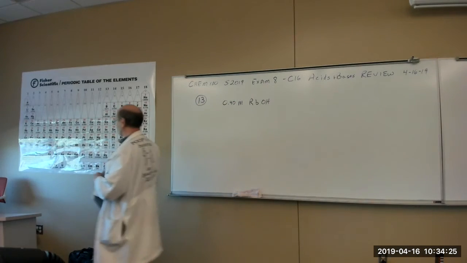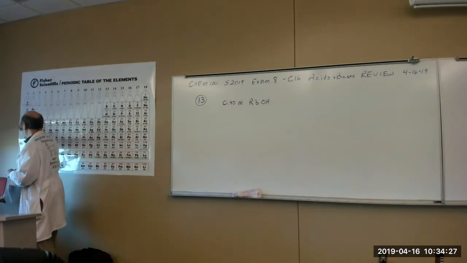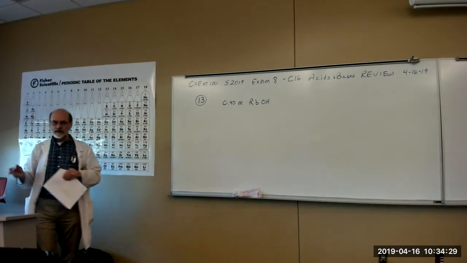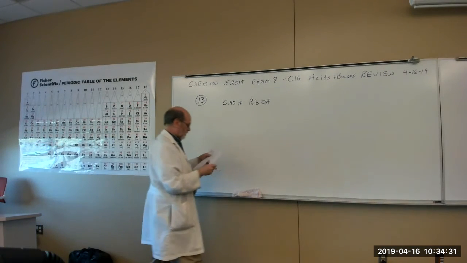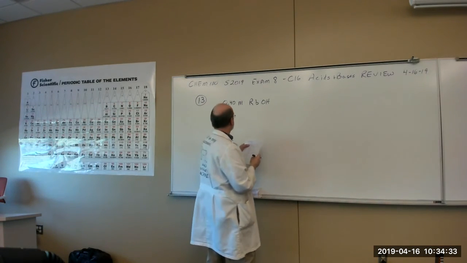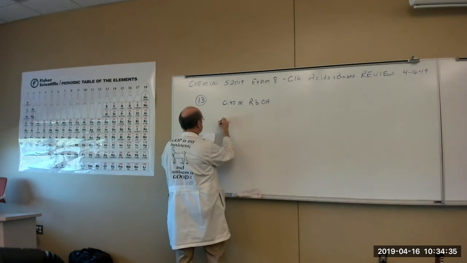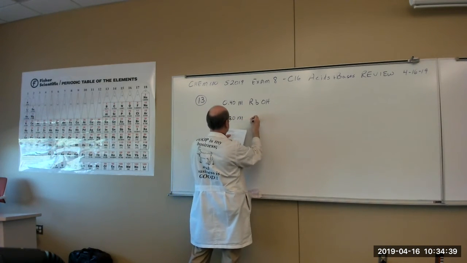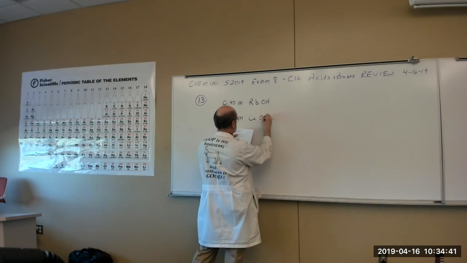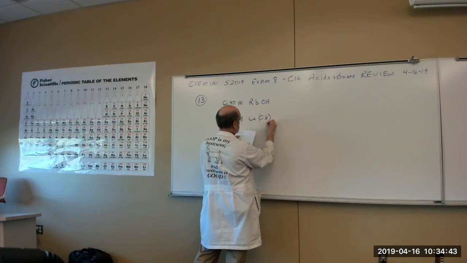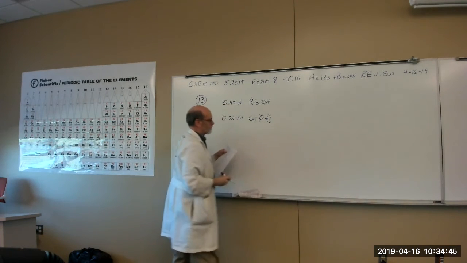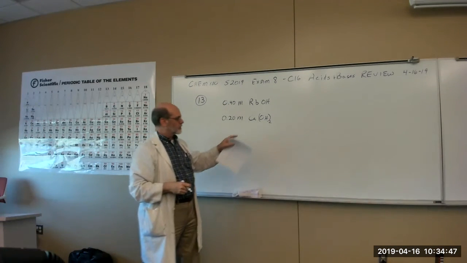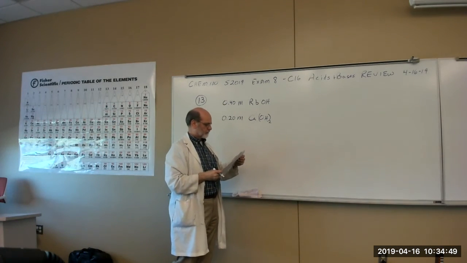Let's see if that was right. Yep, rubidium is from the first column, so it's a +1. OH is a -1, so that's written correctly. And the other one is 0.2 molar calcium hydroxide. Calcium is an alkaline earth, so it's 2+, and it needs 2 hydroxyls.